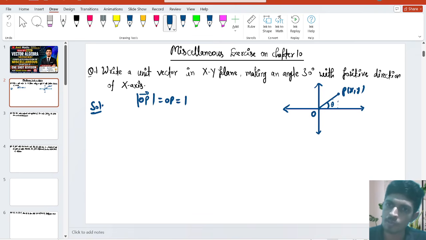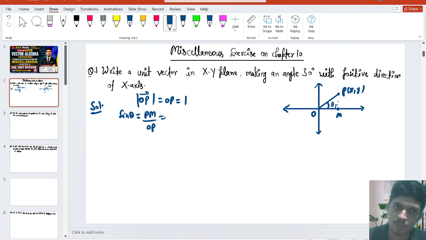Suppose this is a point M, and this is PM. In right angle triangle OMP, sin theta is equal to perpendicular by hypotenuse, that is PM by OP.